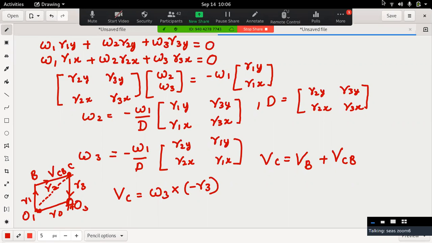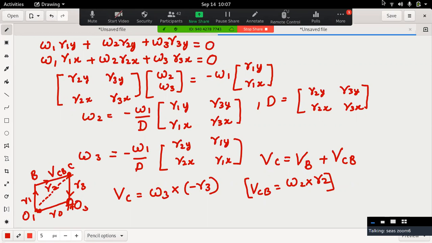So from this triangle, VCB is again omega 2 cross R2. Remember, all these multiplications are vector multiplications. Once we determine VCB, we can determine the value of VC using this equation.